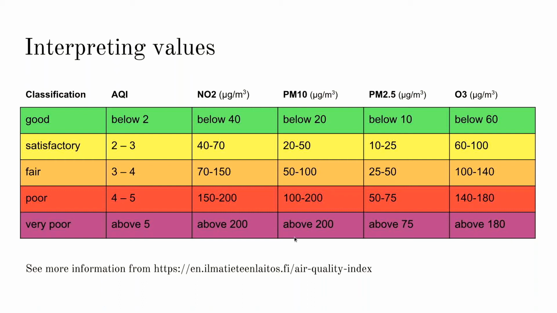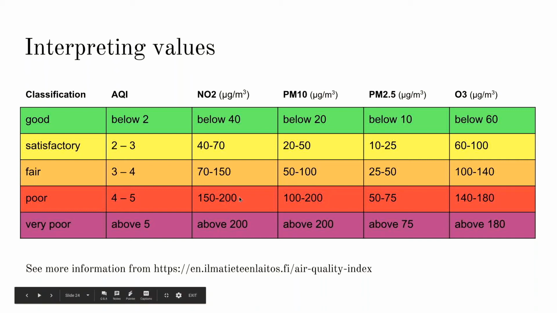For example, above 200 micrograms per square meter of the small particles, size 10 nanometers I think, we will have very poor air quality. You can also find more information on the Finnish Meteorological Institute site if you are interested more deeply in how these measurements and predictions are made.